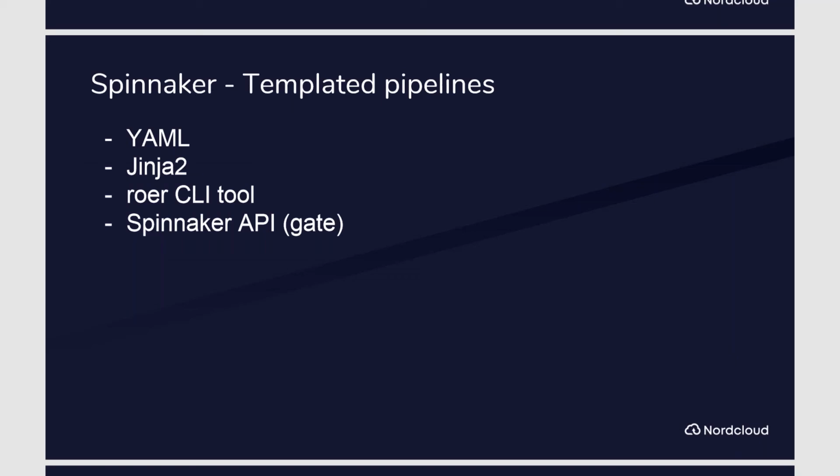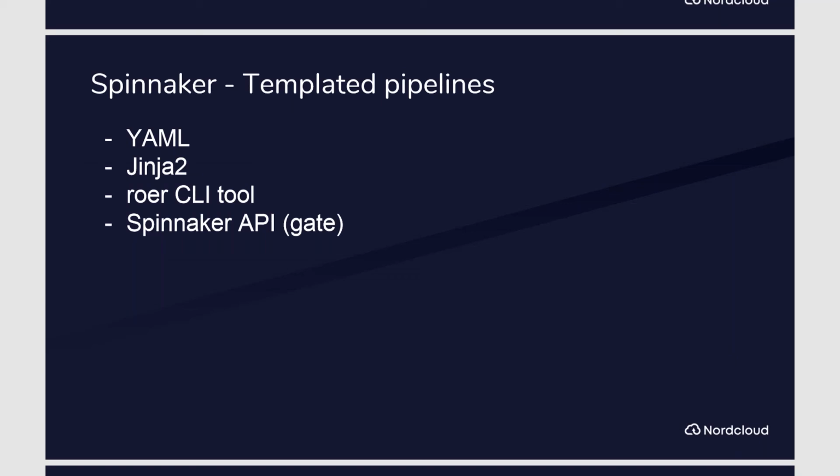And how you apply these templates is that there is a CLI tool called Roer. With this Roer, you can update these templated pipelines against the Spinnaker API. This tool is normally used to create automation.